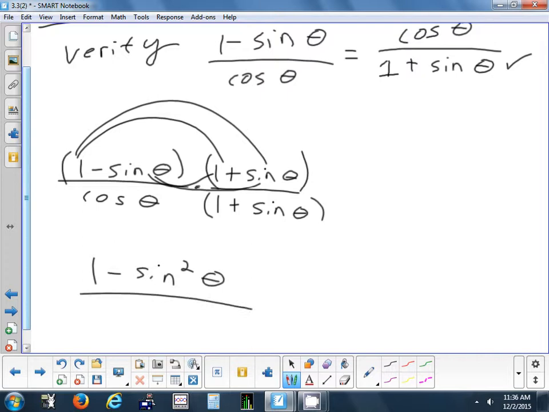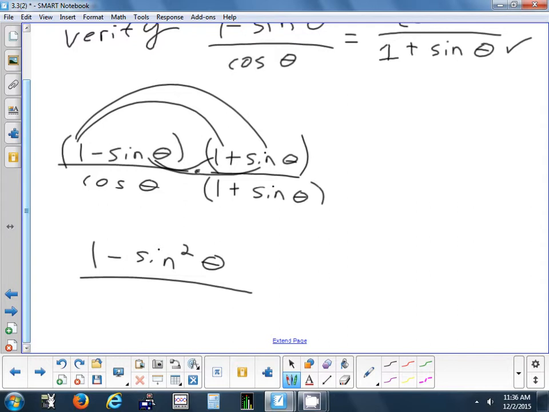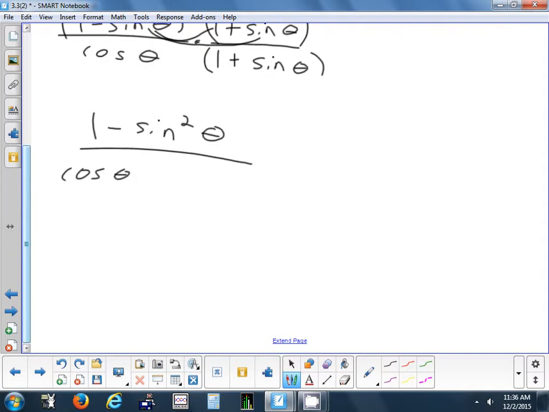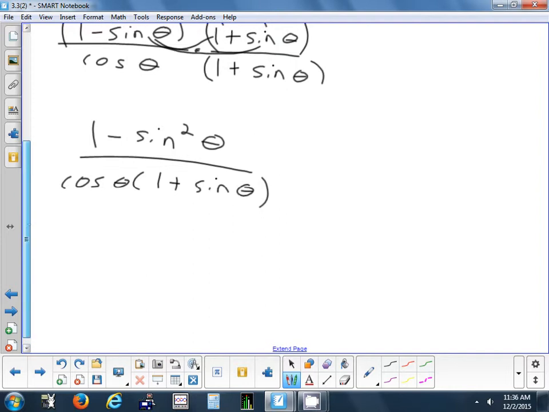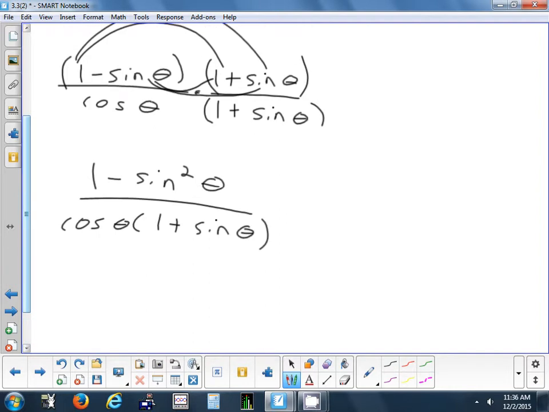Now, as a hint, don't multiply out what's in the bottom. You'll see why in the next step. Do not FOIL this out. Cosine times 1 plus sine. What is 1 minus sine squared? Somebody recognize that? Cosine squared. 1 minus sine squared is something special.